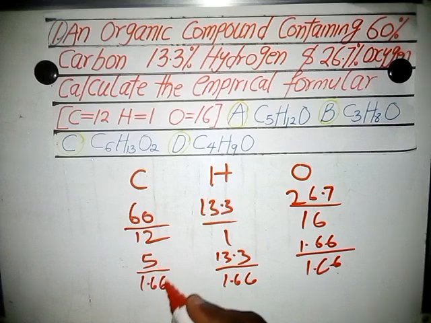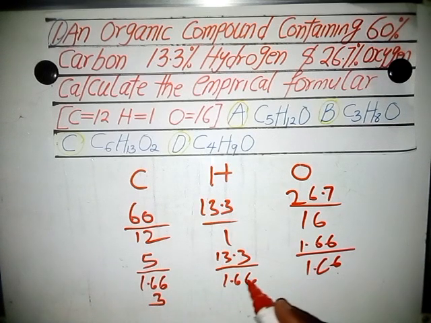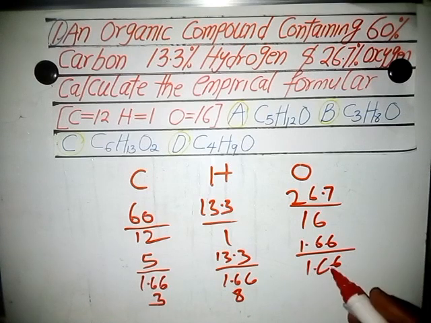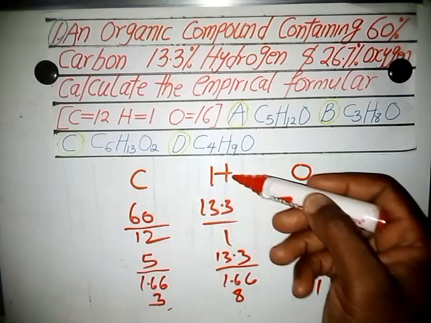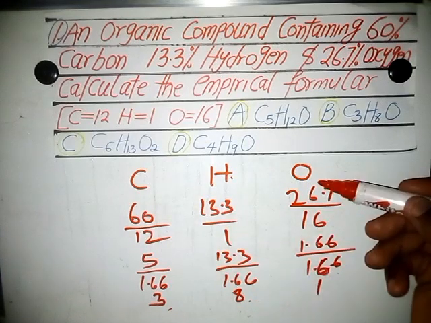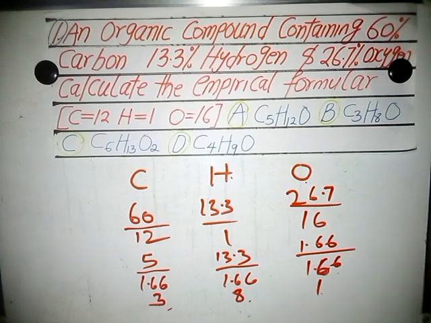When you do this, I'm getting 3, I'll get 8, and here I'll get 1. So this is C3H8O1, but we don't put the 1, we just say C3H8O.